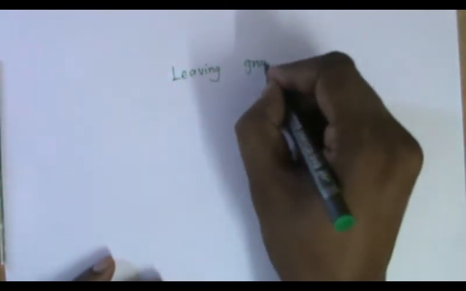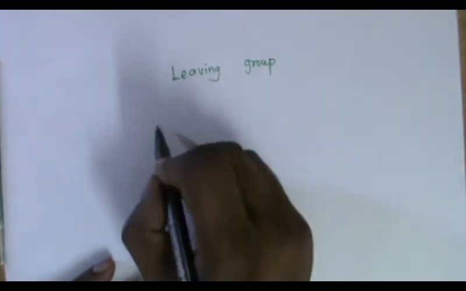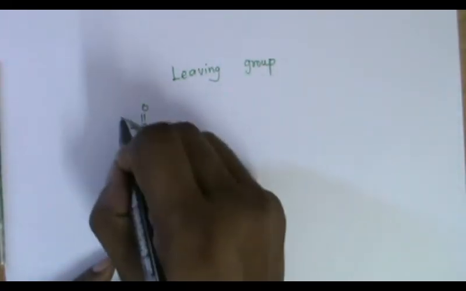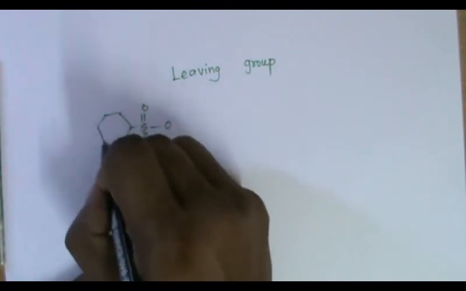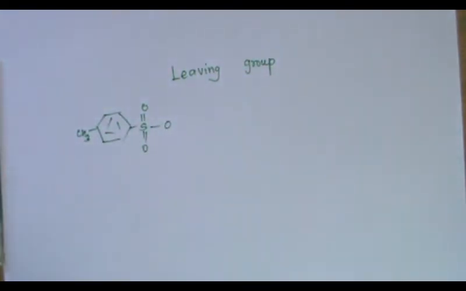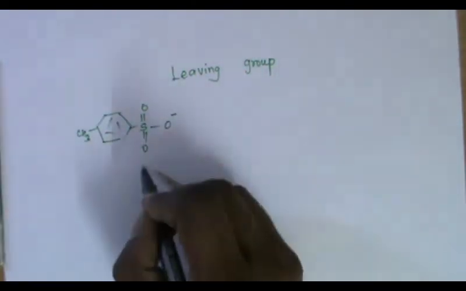Third point, it is leaving groups. You may know that sulfonate or tosylate are better leaving groups. Say like this. This is called tosylate, Ts.